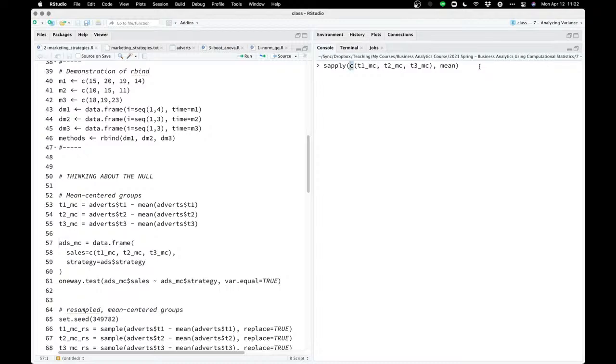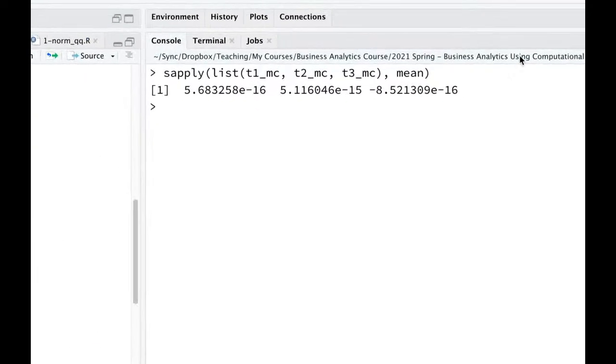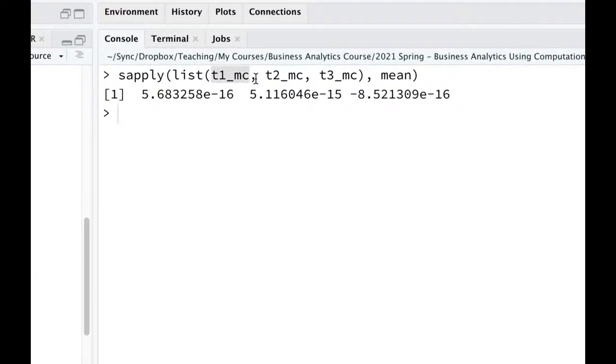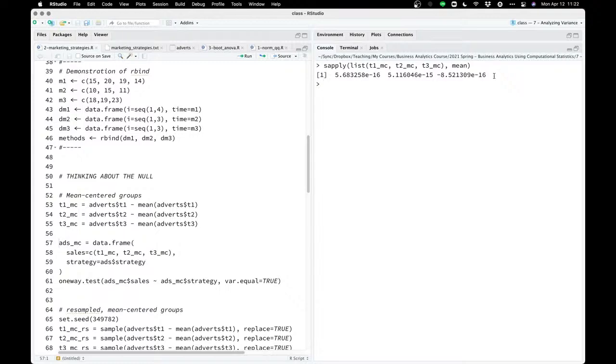Should I make them a list? Yeah, that works. So I make a list of these three mean-centered treatments, and you can see their means are now 0, because the definition of mean centering is that the mean is 0. Whatever would have been the mean is now at 0.